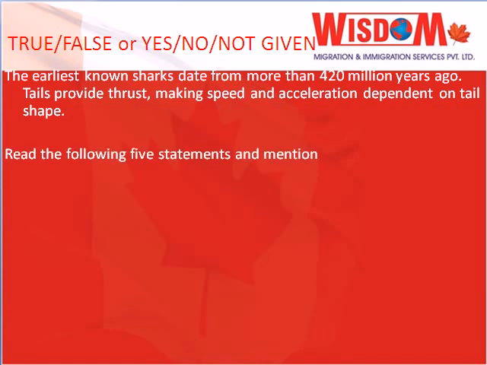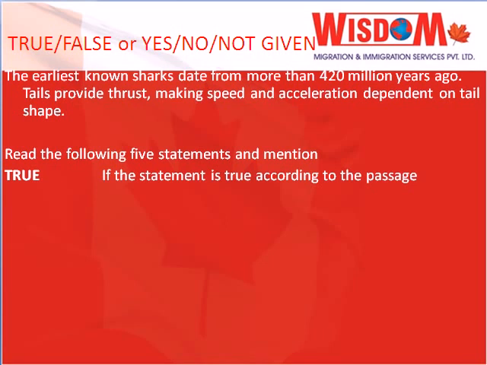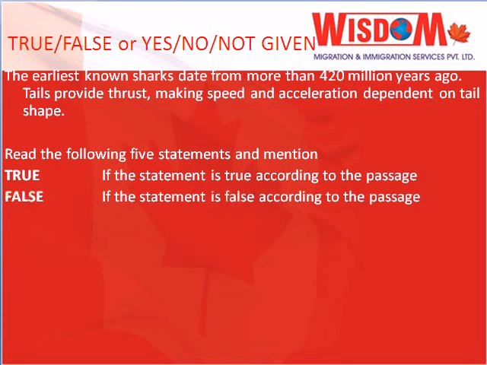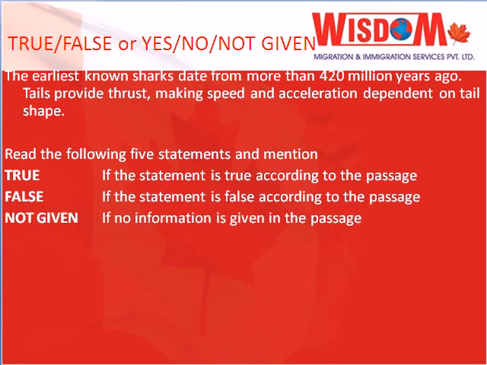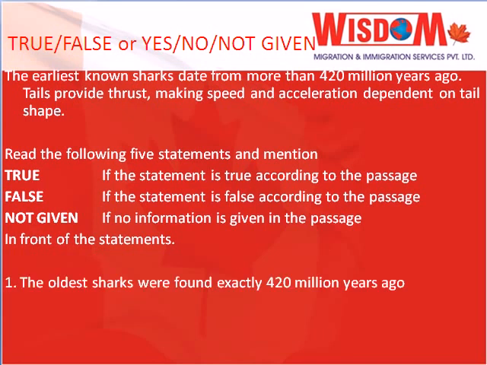Now read the following statements and mention true if the statement is true according to the passage, false if the statement is false according to the passage, and not given if no information is given in the passage in front of the statements. So our first statement is, the oldest sharks were found exactly 420 million years ago.